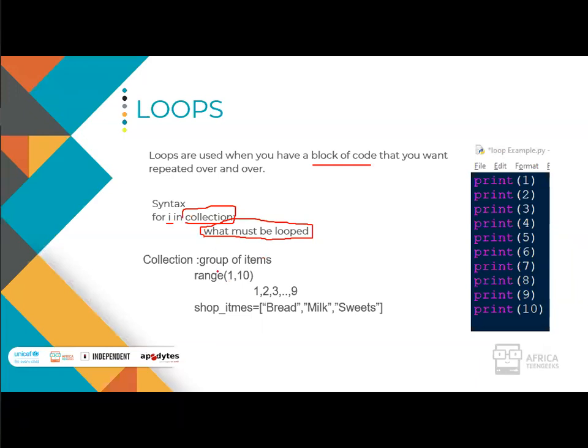Now, for those of you that don't know what a group of items or collection is, I've got two bits of collections here. The first one is the range. You see, range tells us a step order of numbers. If I say range 1, 10, I'm going to get the answer 1, 2, 3, 4, and so on, a range of answers starting from one point going to another.